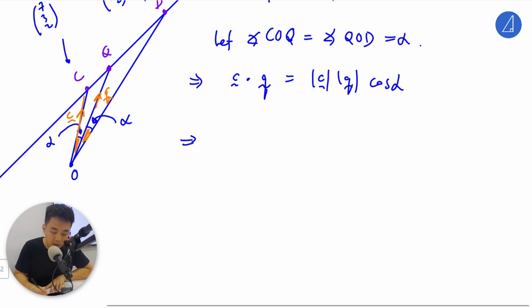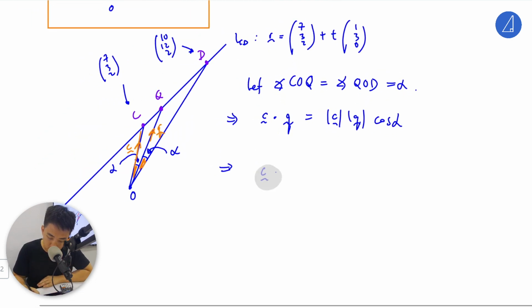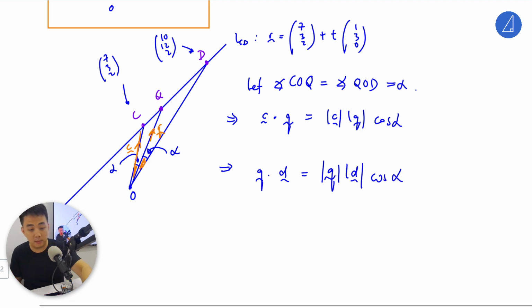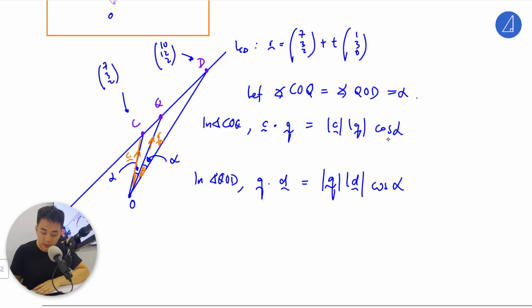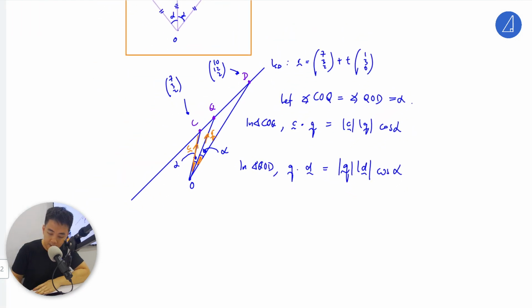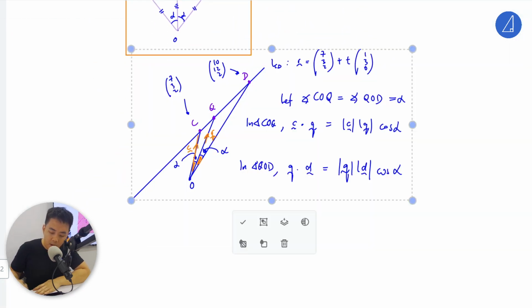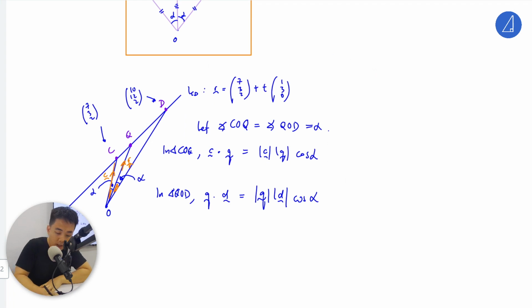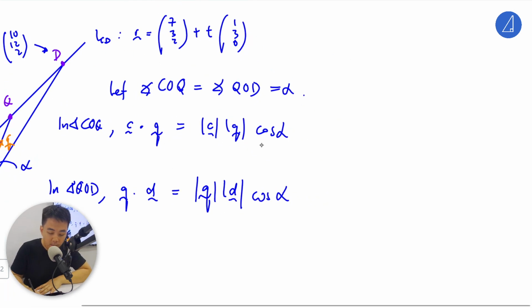Then I use the dot product of Q and D, and I get this dot product. Maybe I'll just pause a bit. The next part, because the angle is the same, it makes sense for us to manipulate this.